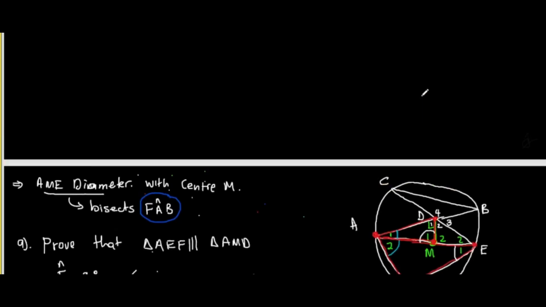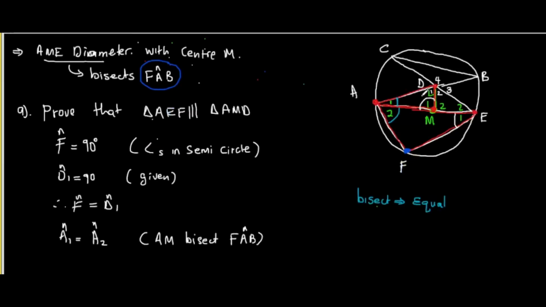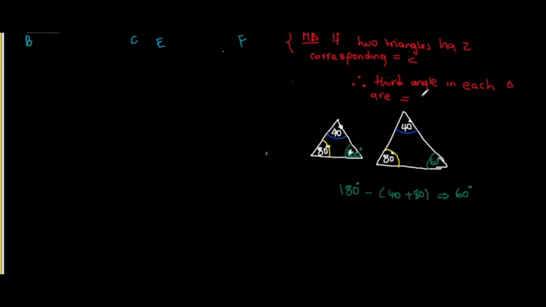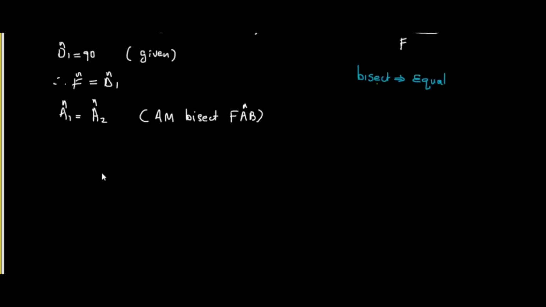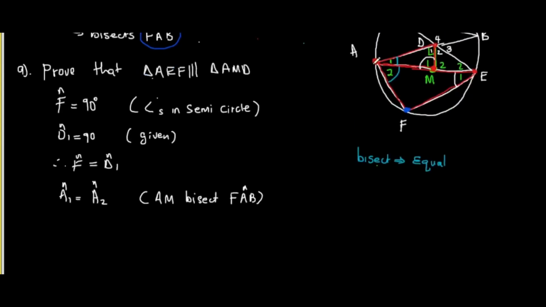Remember what I just showed you, this is our note. If two angles are equal in each triangle, then the third angles are also equal. Therefore, we can conclude that angle E1 and angle M1 are equal.